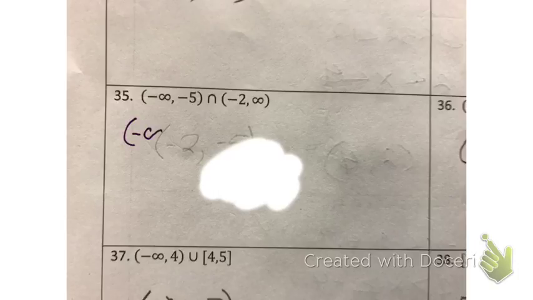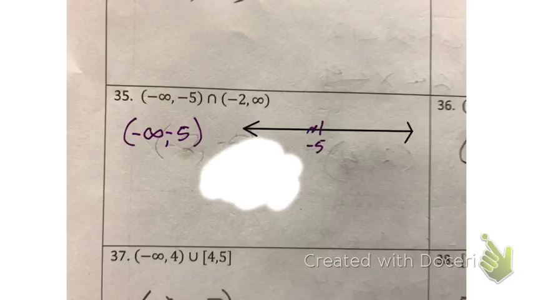If I did the graph of negative infinity to negative 5, it would look something like this. So we have negative infinity all the way to negative 5, so it'd be kind of there. Oh, so it's okay.